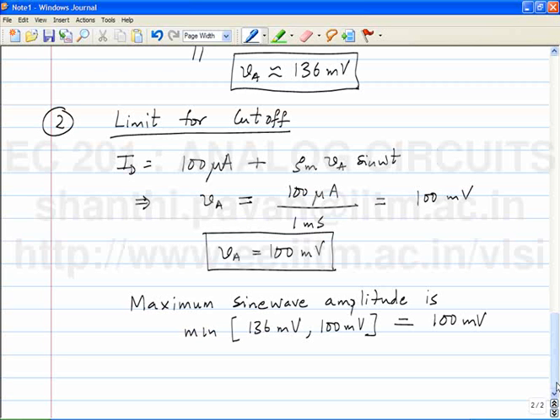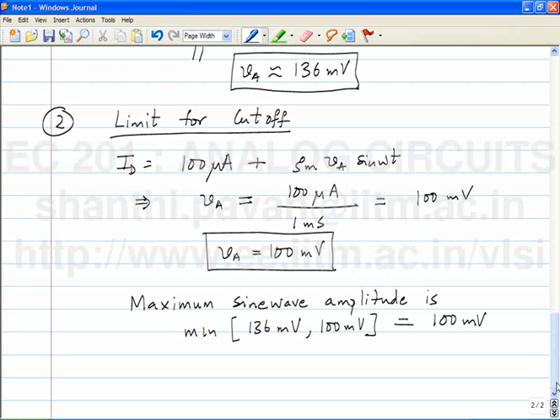Clearly, since you get incremental gain only when the transistor is biased in that particular region, it follows that if you increase the input amplitude more and more, eventually you will reach a stage where the transistor for some part of the signal cycle can potentially get out of that region. That is, the transistor can get out of saturation if the input amplitude is larger than a certain value. And the next question is, what is that value and how do you calculate it? And we have done that also.